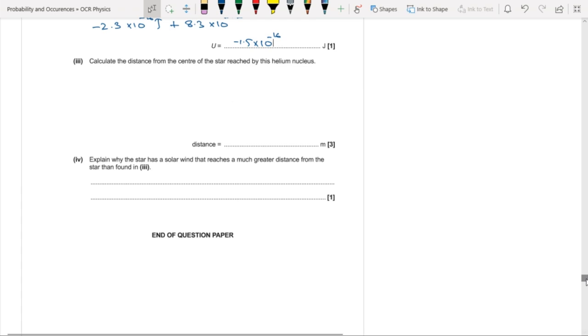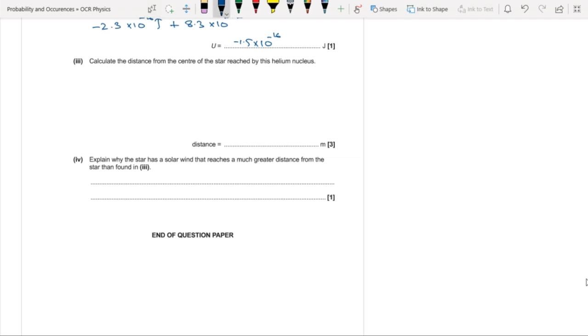Calculate the distance from the center of the star reached by this helium nucleus. So as part of the solar flare, this helium nucleus is spreading outwards into the stellar atmosphere. We have to find the distance from the center of the star that this helium nucleus can reach.